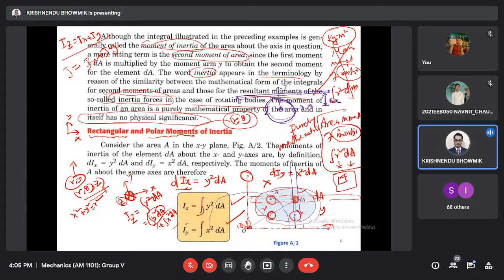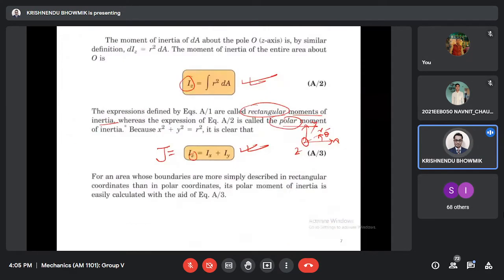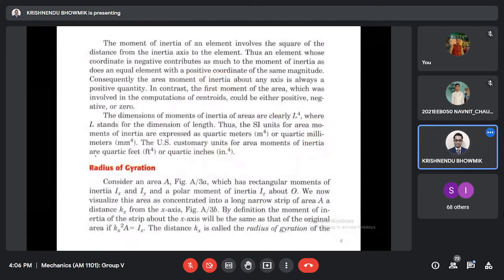Or maybe same area in the vertical direction, a very small strip, thickness very thin and elongated along this vertical axis, at distance say ky, and this is say kz. Then this kx, ky, kz are called radius of gyrations.